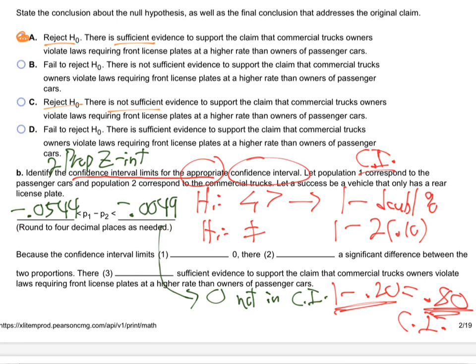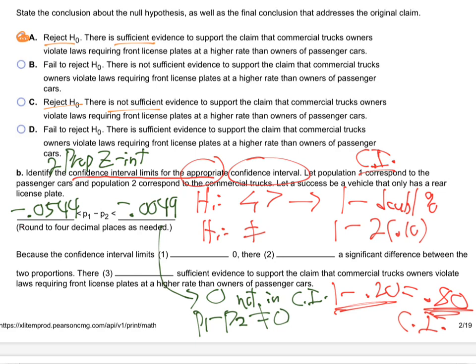That means we don't think P1 minus P2 is 0. It's not equal to 0, in fact. Remember, that's a confidence interval for the difference, P1 minus P2. You're always doing the confidence interval for the difference. So the difference is not 0. 0 is not in there.